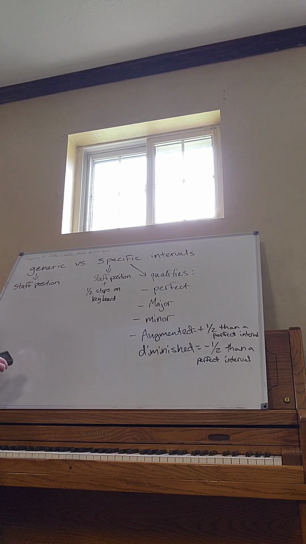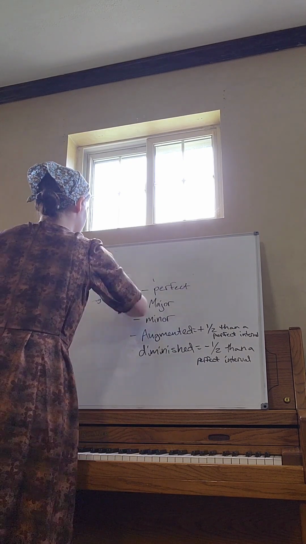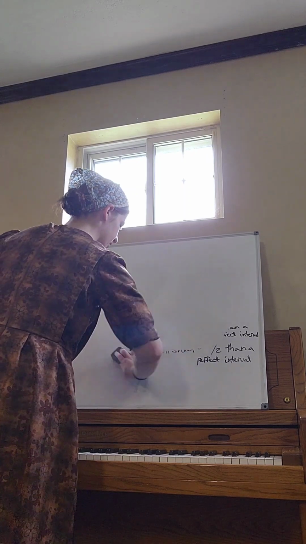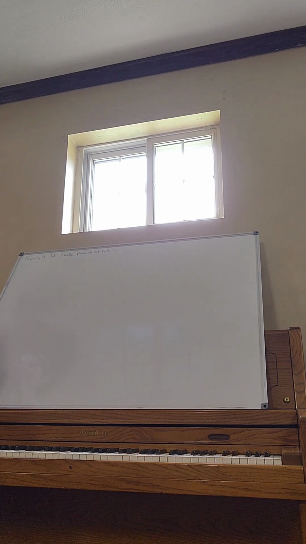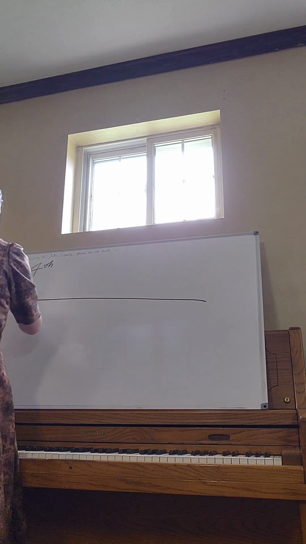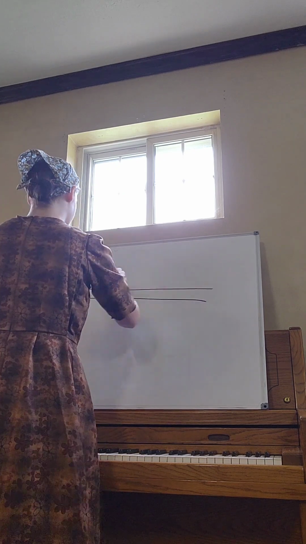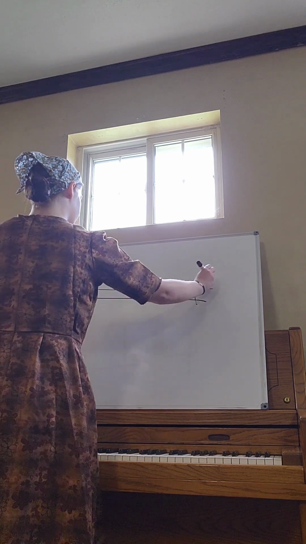Let's move on to today's intervals. Today we're going to be going over perfect fourths and perfect fifths, and then we'll retouch on augmented and diminished stuff. So, fourths. Moving into specifics of the interval of the fourth.